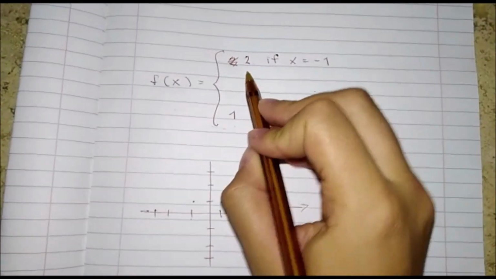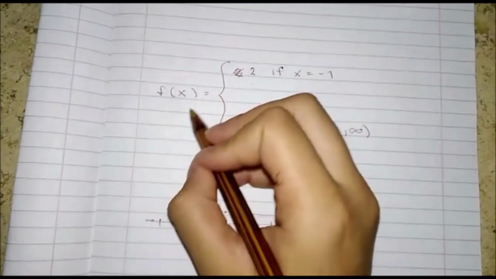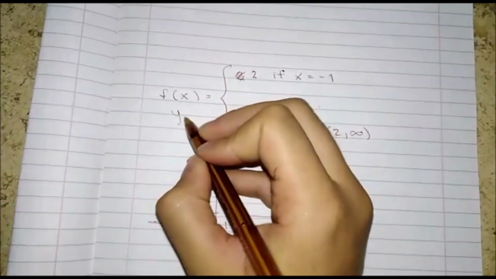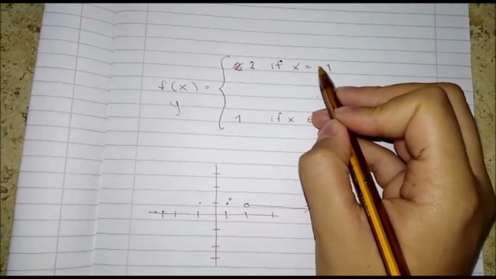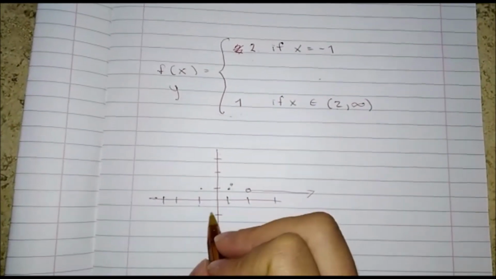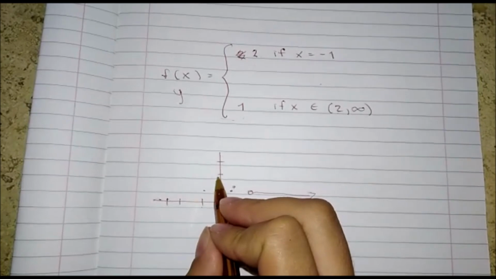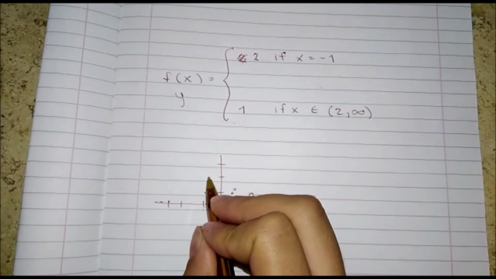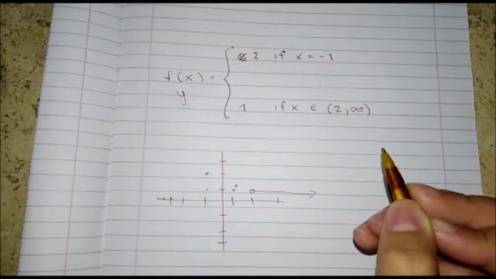And here in number 2, it says that j will be equal to 2 if x is equal to minus 1. So in number 2, it's 1, 2 over here, and minus 1. So we only draw a dot over here.